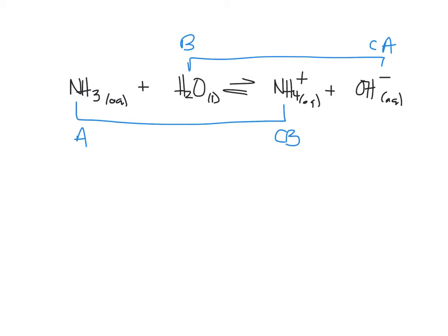A base. It makes it a base. So flip these. So this is actually a base, and that's a conjugate acid, which means your water is your acid and your conjugate base.